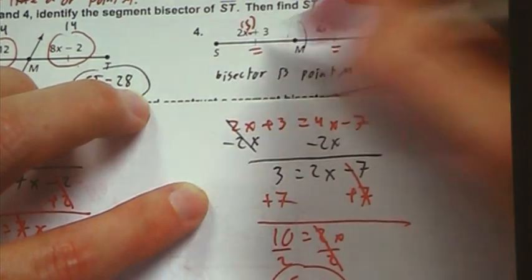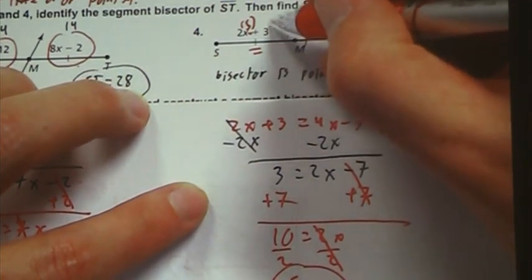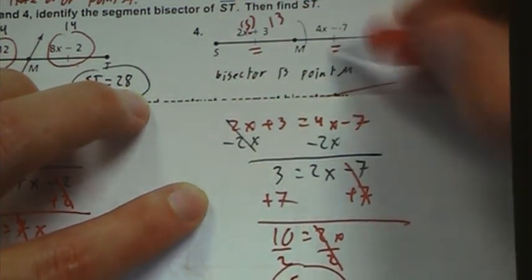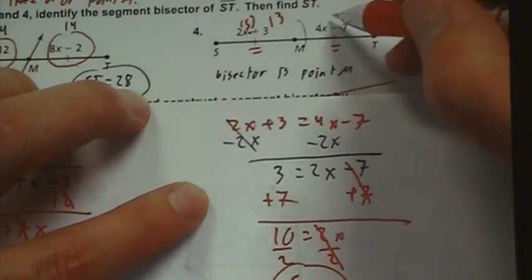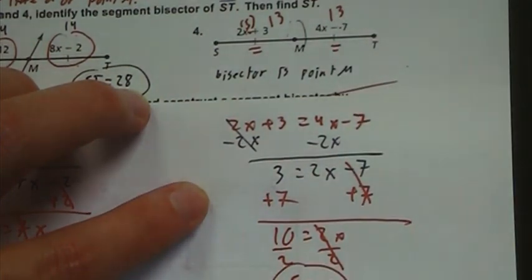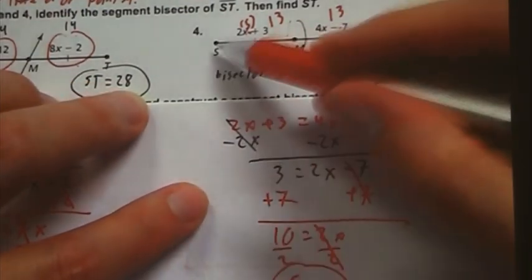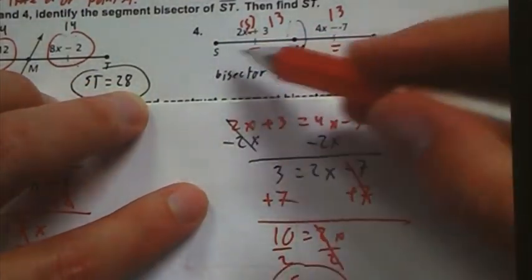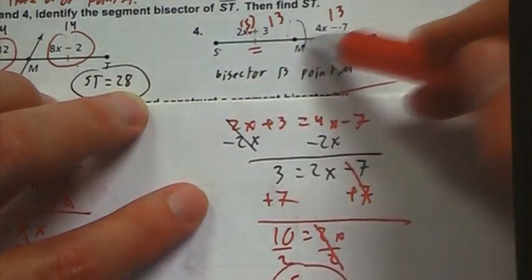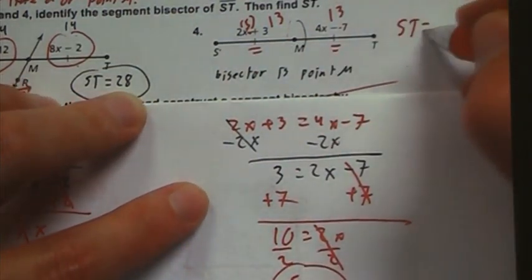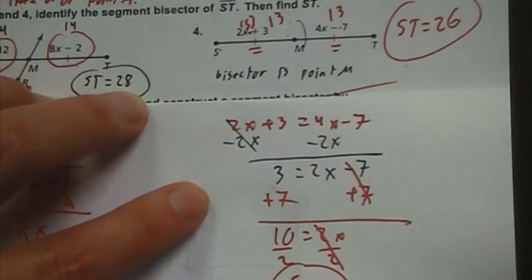Because 2 times 5 is 10, plus 3 is 13. So if this is 13, how big is this guy over here? Also going to be 13, because the two halves have to be congruent, have to be equal. And the whole deal, ST would be 13 plus 13. ST equals 26. Boom. Got it.